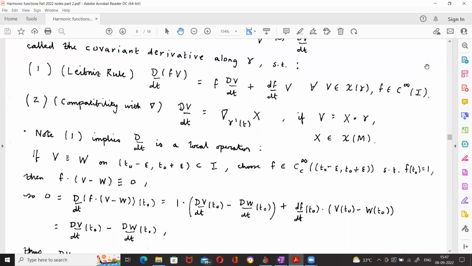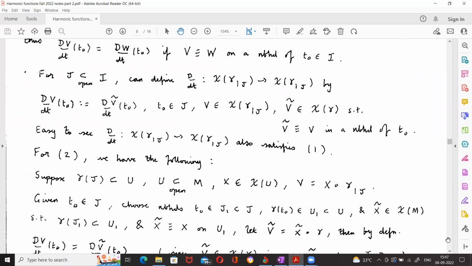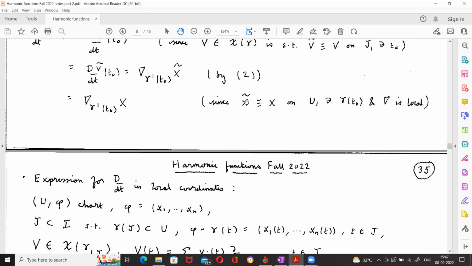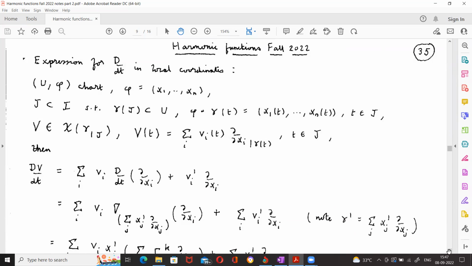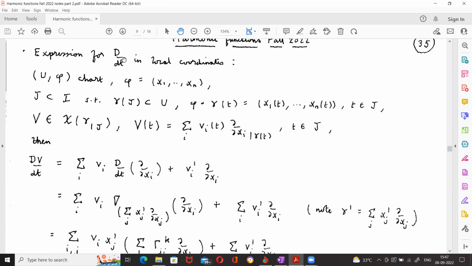So it's not hard to see this. I've done the proof of 2 here, but I'll just skip that. It's not very difficult. So what I want to do is compute an expression for the covariant derivative D/dt in local coordinates. So you let (U, phi) be a chart, phi is (x1, ..., xn).